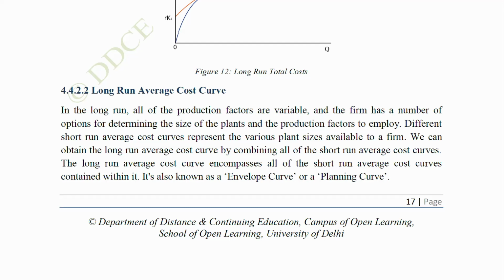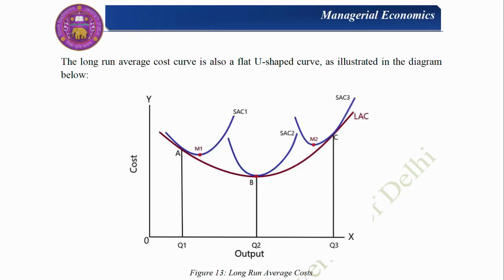The long-run average cost curve encompasses all of the short-run average cost curves contained within it. It's also known as an envelope curve or a planning curve. Figure 13 shows the long-run average cost. The long-run average cost curve is also a flat U-shaped curve.